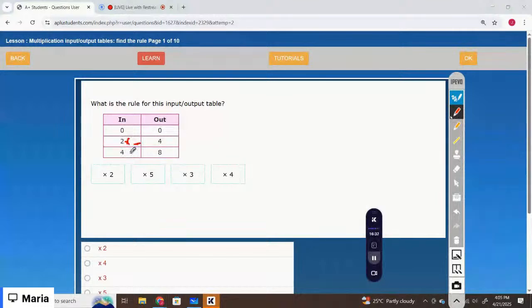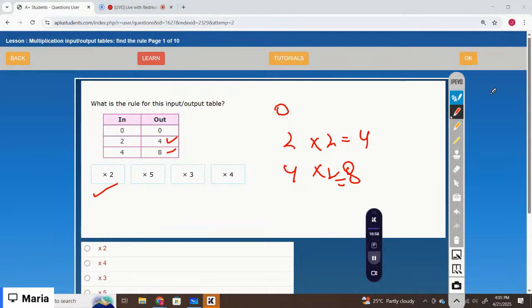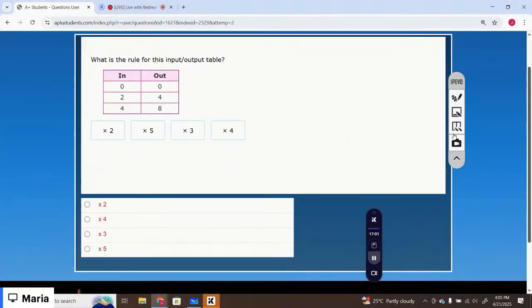Start with the first one. 2 times what number is 4, and 4 times what number is 8? Starting with the first option, 2 times 2 is 4 and 4 times 2 is 8. So you can see here 4 and 8. That means option number 1 is the correct option. The rule is to multiply each input value by 2.